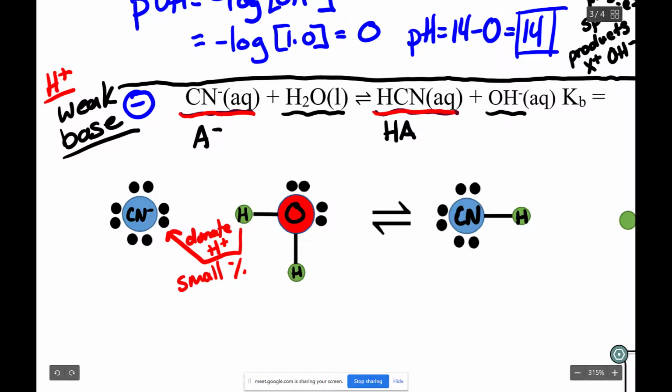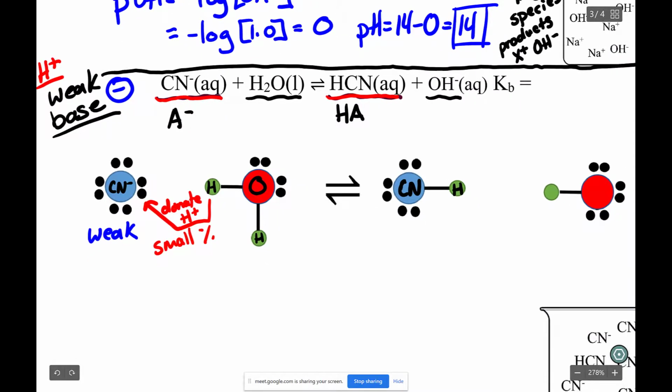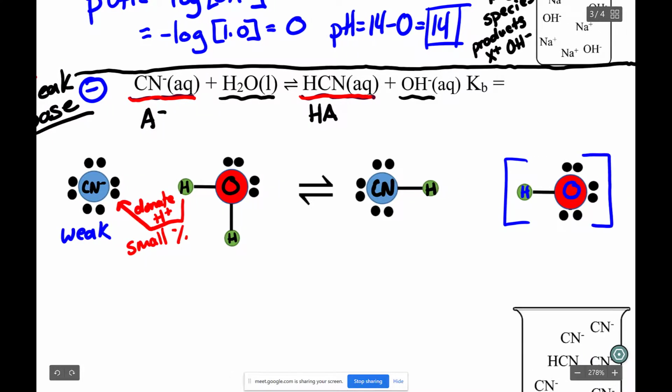Again, the reason why this is a small percentage of the time and not 100% of the time is because CN minus is a weak base. It then produces what's left over, which is hydroxide ion. So it's not that CN minus has a hydroxide in it, it's that it makes the water turn into a hydroxide ion, this being the hydroxide ion, which is base.